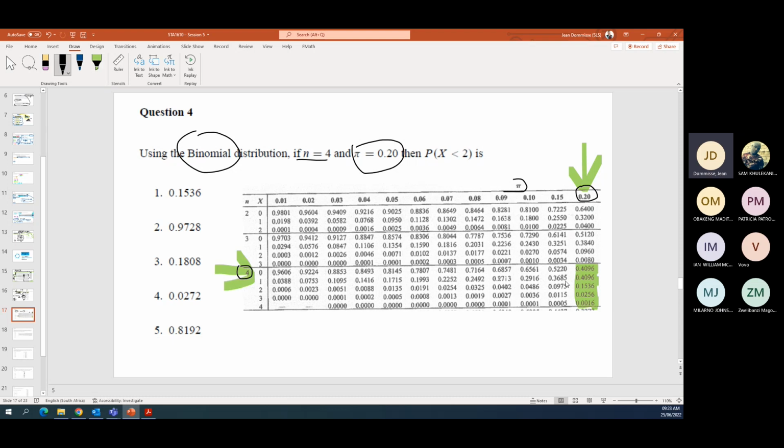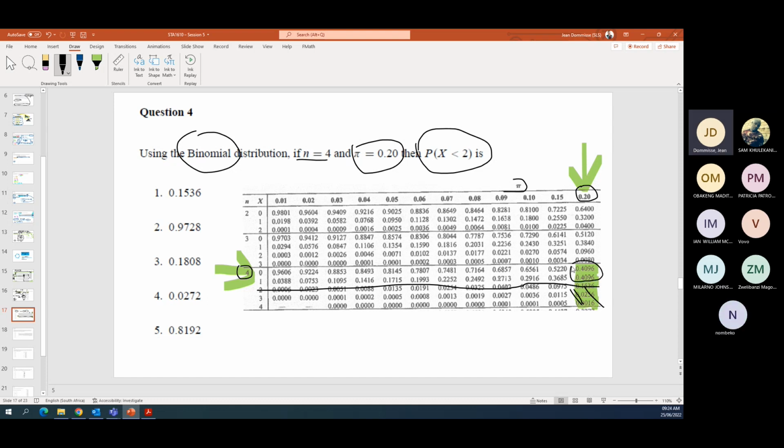So where n is 4 and pi is 0.2, we now need to work out the probability that x is smaller than 2. X smaller than 2. We're not looking at 2 because it needs to be smaller than 2. So smaller than 2 excludes 2. It is only 0 and 1.